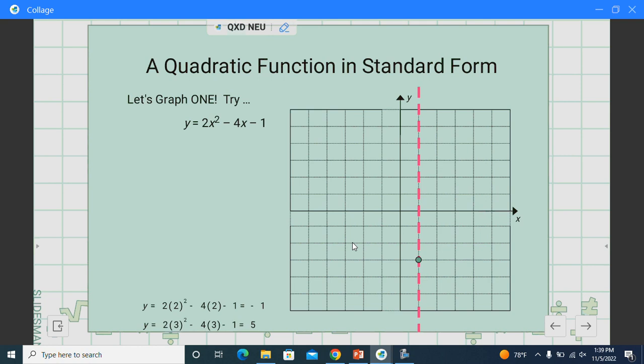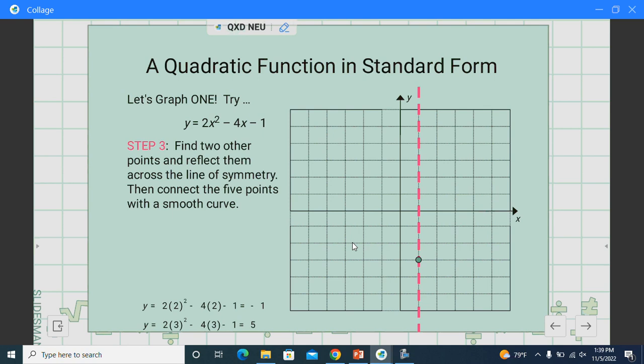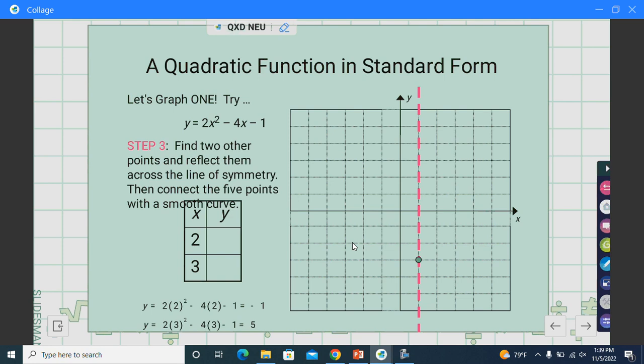The next step is you're going to graph. Find 2 other points and reflect them across the line of symmetry, and connect the 5 points with a smooth curve. We are focusing on the right side of x is equal to 1, that is 2 and 3.